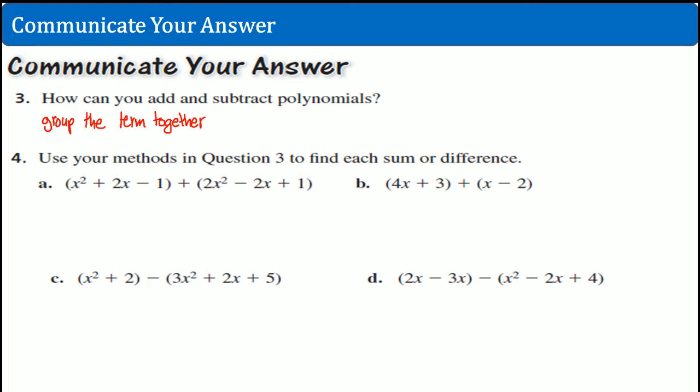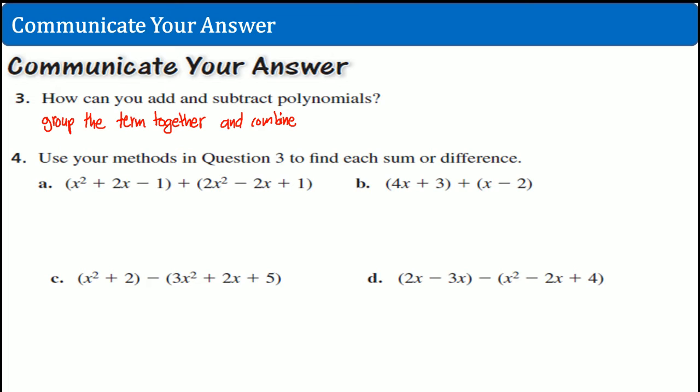Because that was when we combined all the tiles together, group the terms together, and combined. And again, I combined it by adding. That is the reason why when we did the subtracting the polynomials, we turned the negative into a positive by distributing. Okay, we can't magically do it. We changed it by distributing.